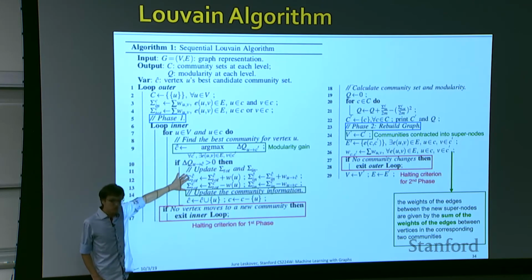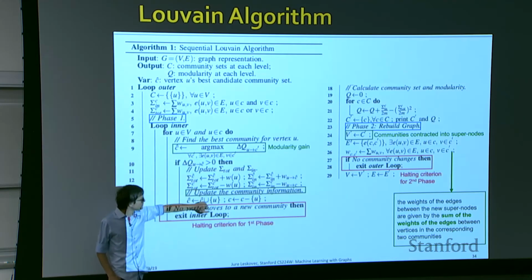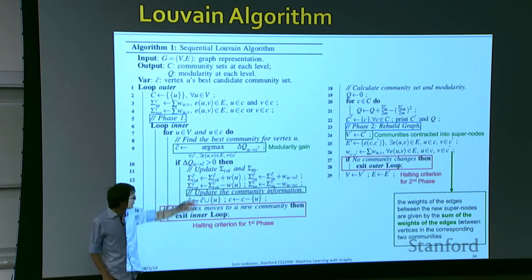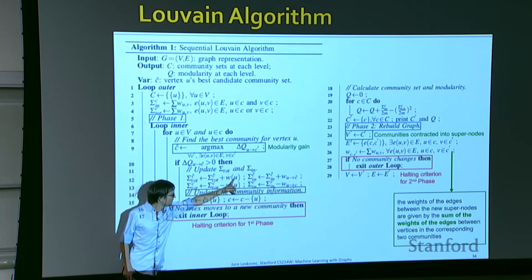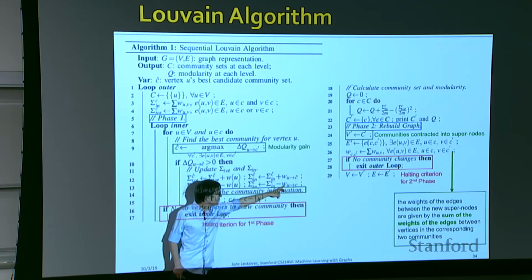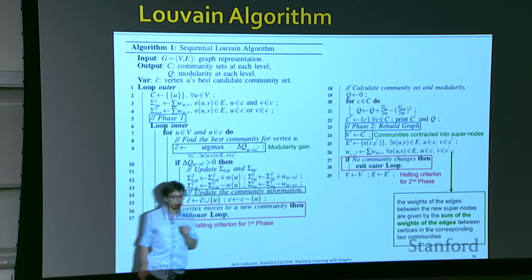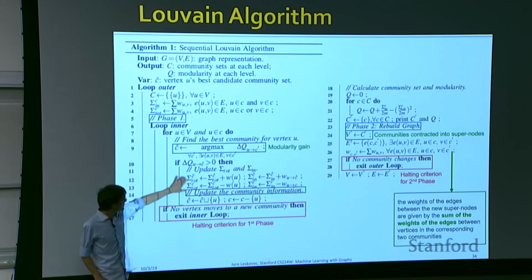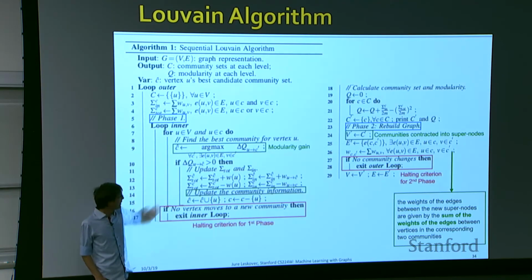So essentially this is just bookkeeping of the summation total and summation inside. Again, it is just the total degree of node U and the total degree of node U linking to a given community. So this is super fast to update, but this is just bookkeeping counts.